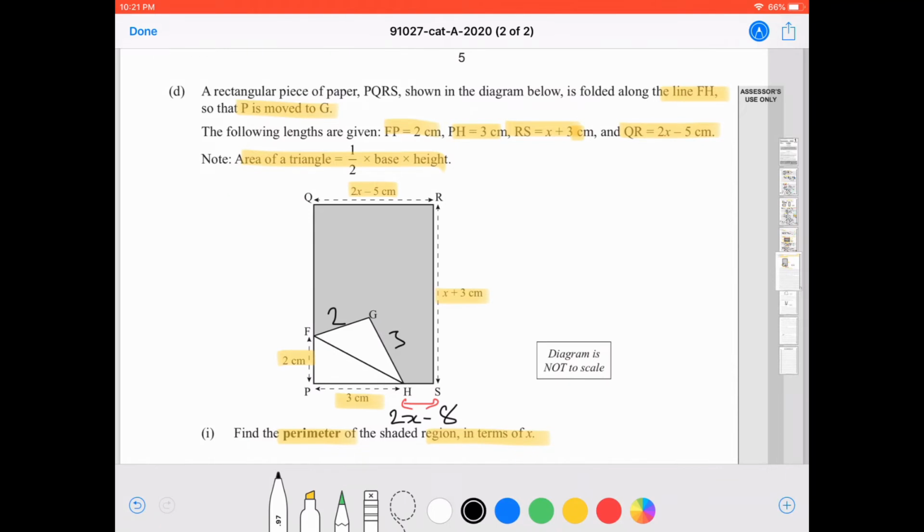And we've also got this length, QF, and that's going to be the total minus this FP. So that means QF is going to be x plus 3 minus 2, so x plus 1. Okay.